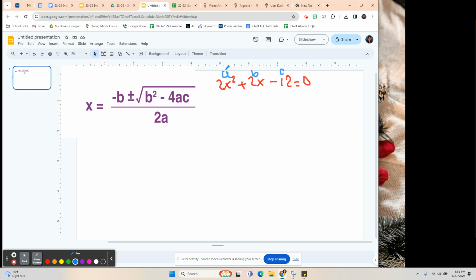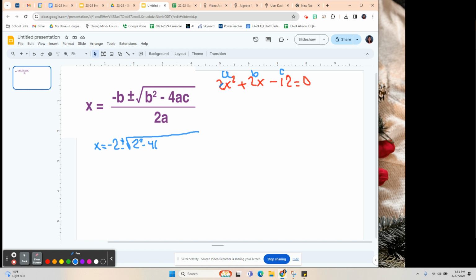Okay, so now what we're going to do is we're just going to take A, B, and C, and plug them into their designated locations over here. So opposite of B, or negative B, is going to be the opposite of this 2. So when we rewrite this, we're going to have x equals negative 2 plus or minus the square root of 2 squared minus 4 times a.